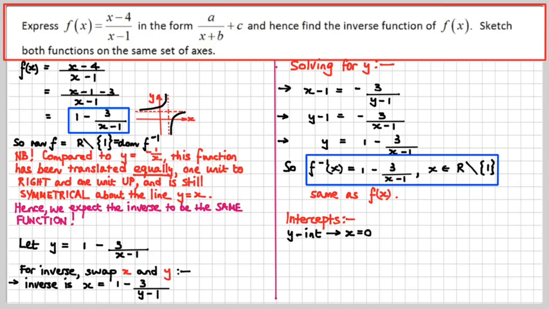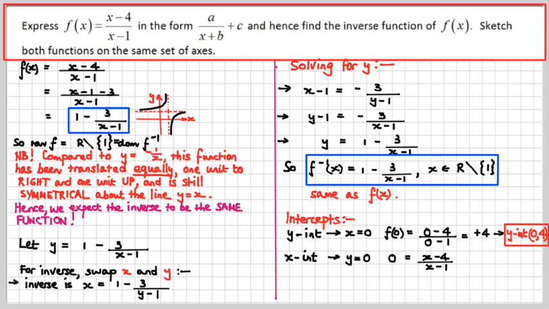Intercepts, I mean. That's the y-intercept where x equals 0. Substitute x is 0 into this original up here. It's easier. We'll get plus 4. Now, x-intercept, yes, thank you. X-intercept is where y equals 0, so plugging y equals 0 into that, you would multiply both sides by x minus 1, and you'd get 0 equals x minus 4, and therefore x equals 4.